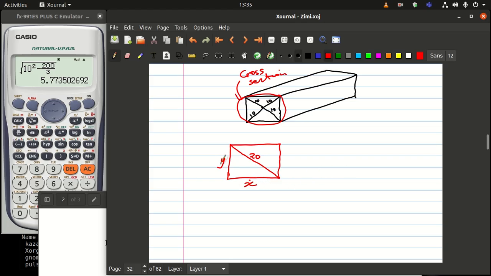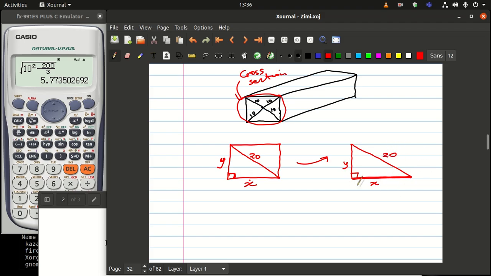Now what is important about this nice thing here? From this information, you know that a rectangle has 90 degrees here. So this angle is 90, this one is 90, this one is 90, this one is 90, which means that we can actually cut out and say we are having a triangle here, whereby this is 90 degrees, this is y, this is x, and this one is 20.